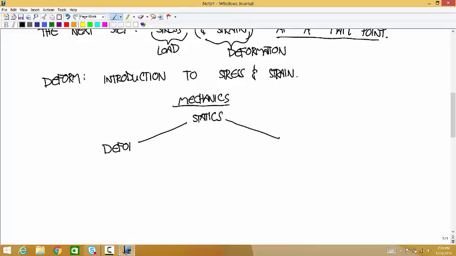Over here is deform, over here is dynamics. This side of things is all about predicting damage. This side of things is all about predicting motion.